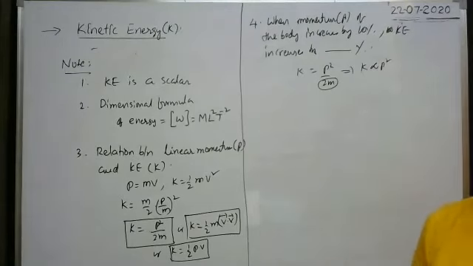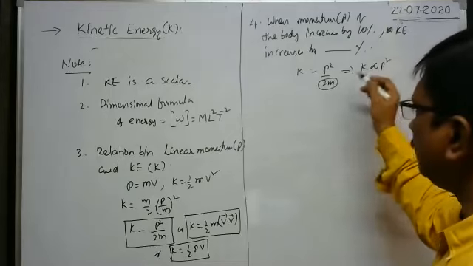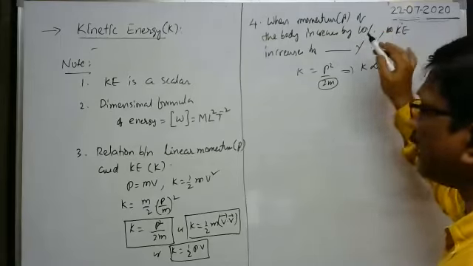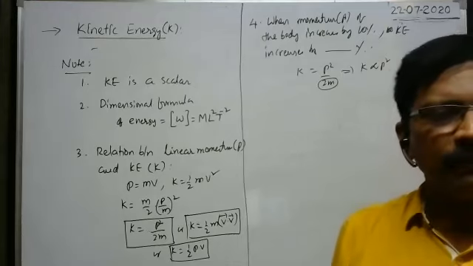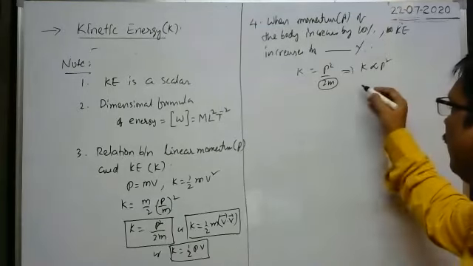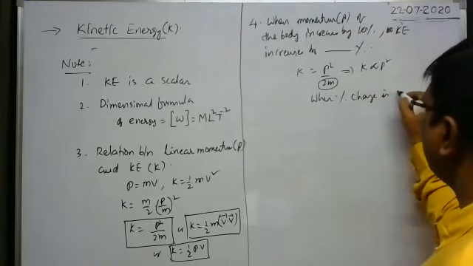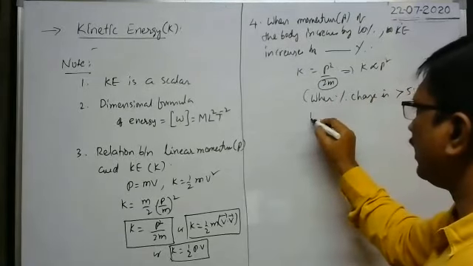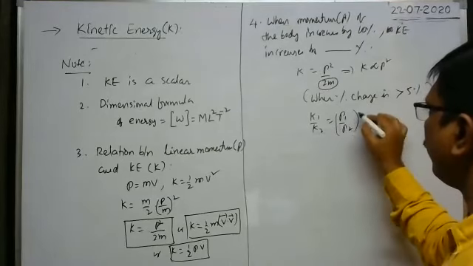Therefore, as percentage change in the momentum is 10%, all of you listen carefully, whenever the percentage change is greater than 5%, in this case K is proportional to p square. That's why in that case we have to write K1 by K2 is equal to p1 by p2 whole square.